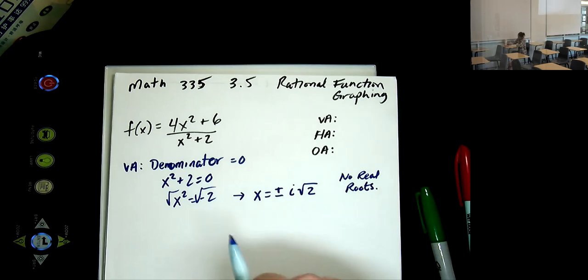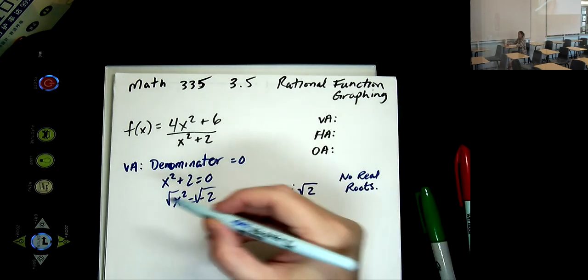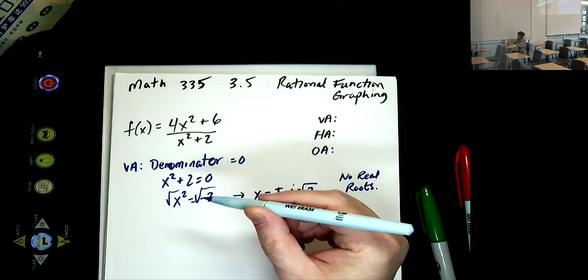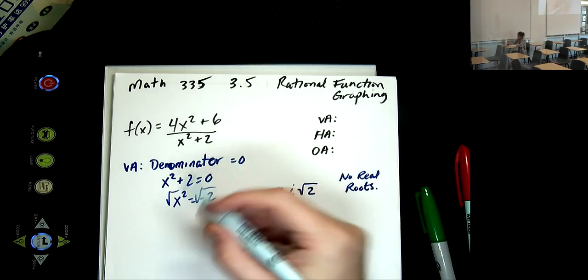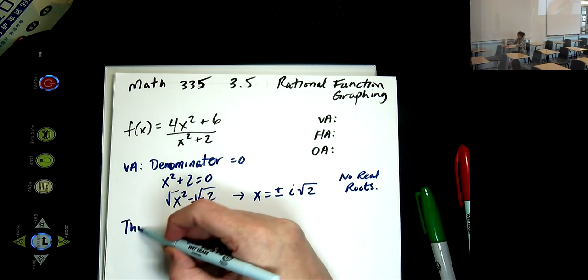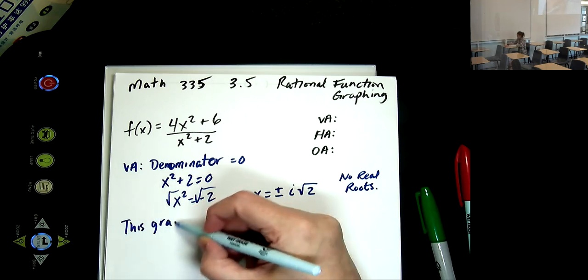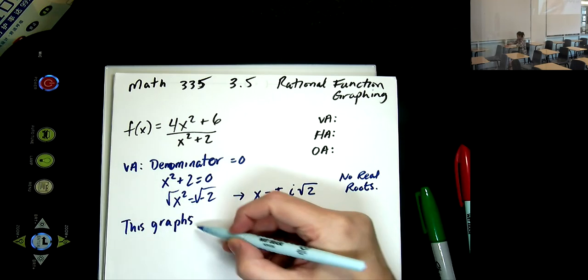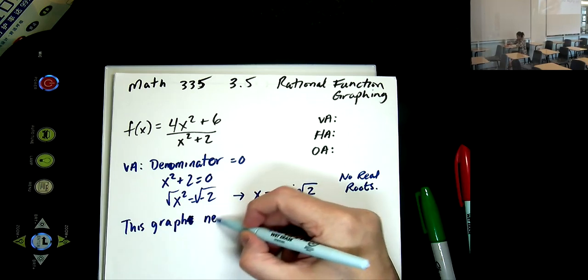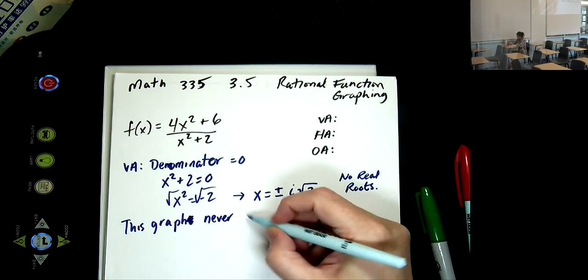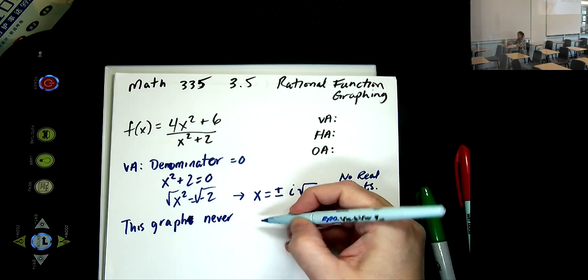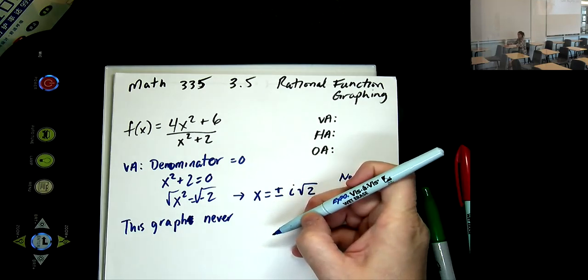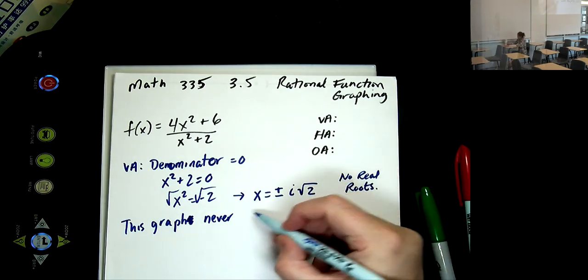This graph does not cross x equals 0 or y equals 0. This graph never intersects the x-axis. Is that true? Yeah, it is true.